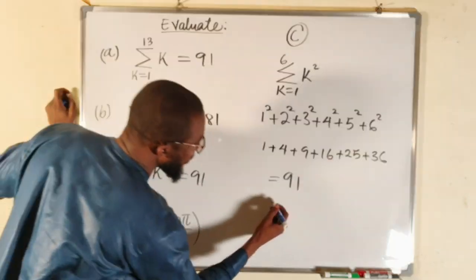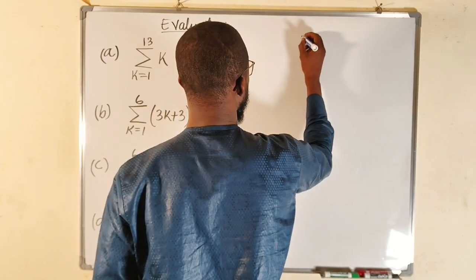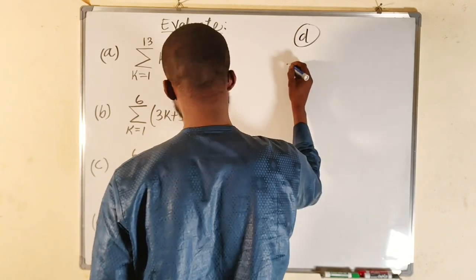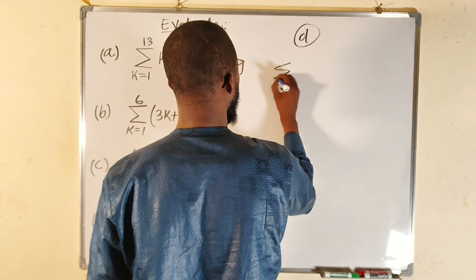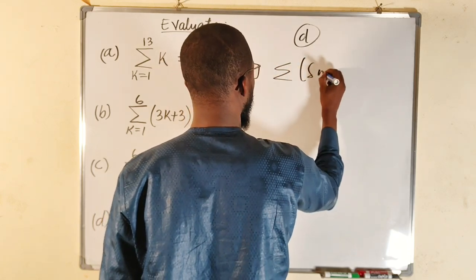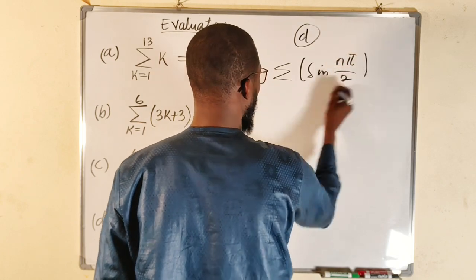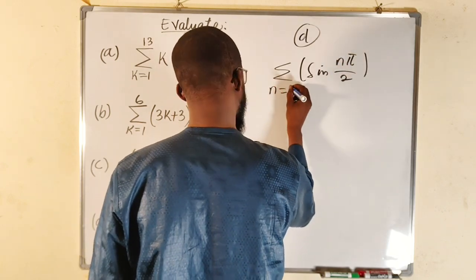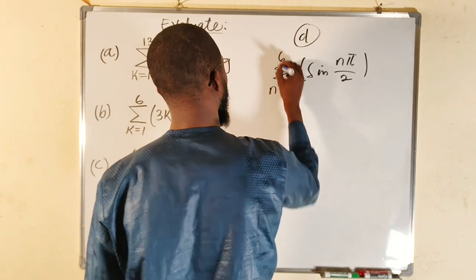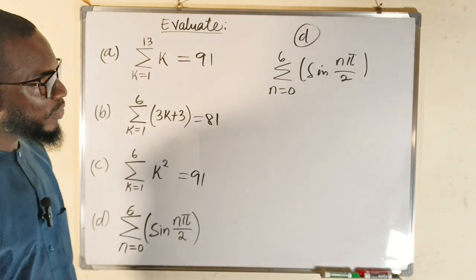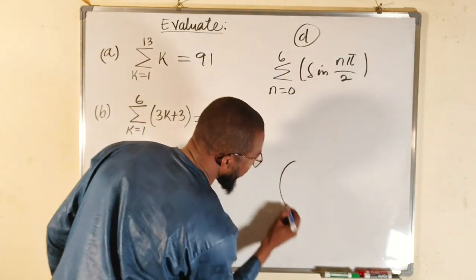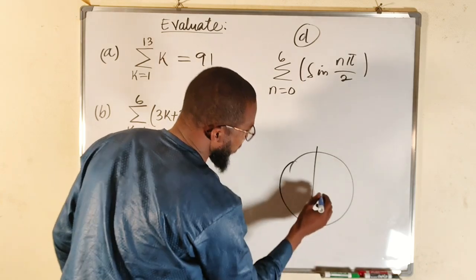So let's take the last one, the D part. We would like to evaluate the summation of sine of n pi divided by 2, for which n begins with 0 and stops at 6. For this one, since it is a trigonometric ratio, let's use the unit circle.